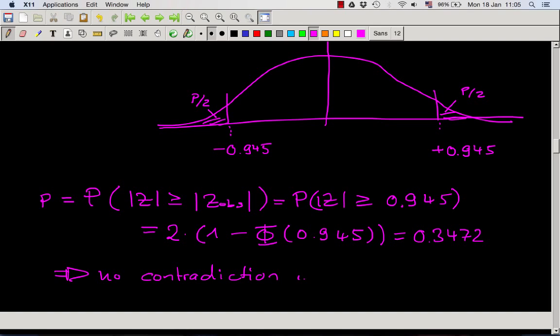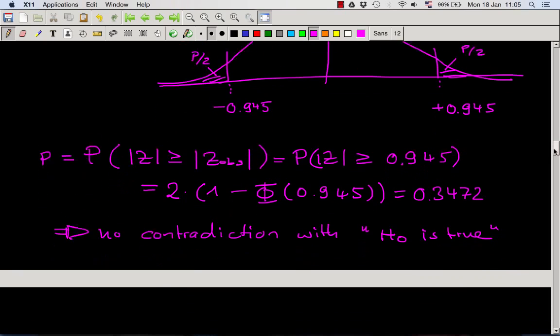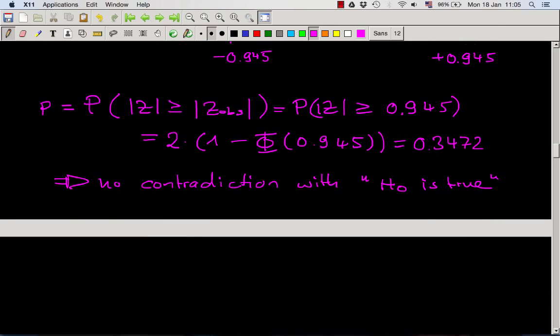Also recall that the probability of observing something that is as extreme or even more extreme than what we saw from the data, 0.945, is 34%.